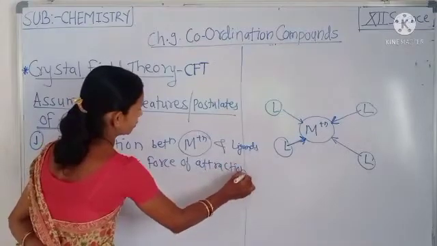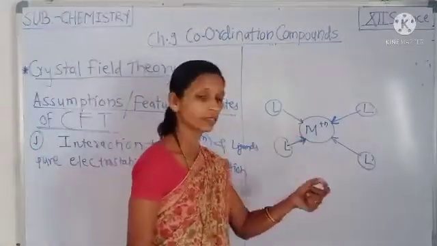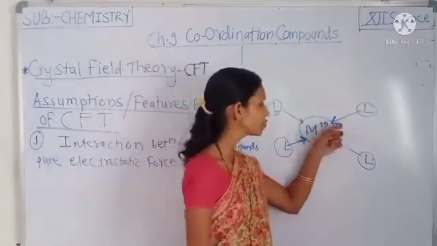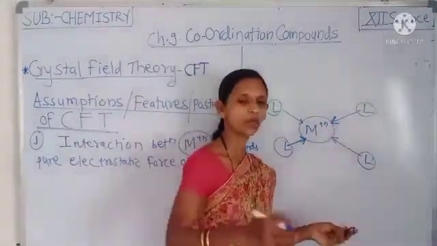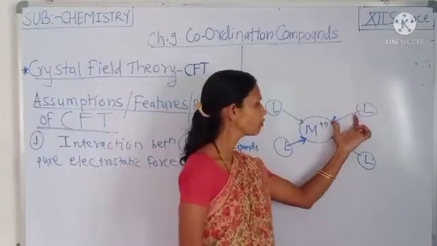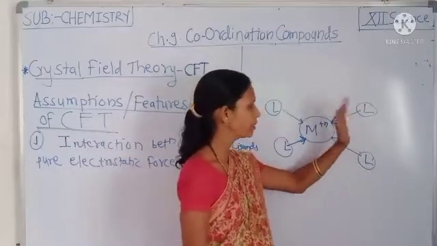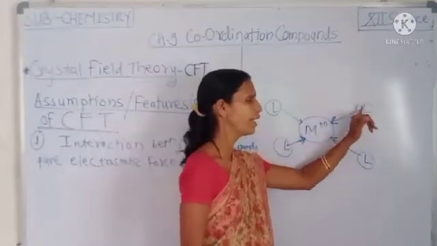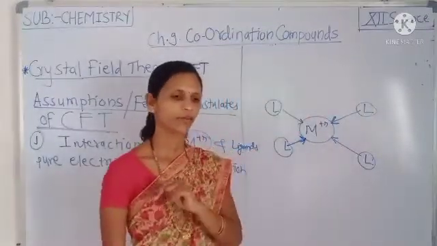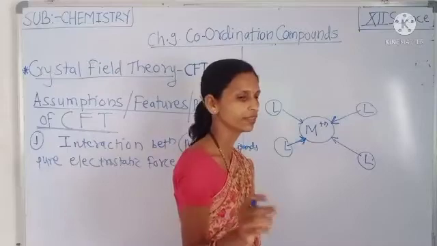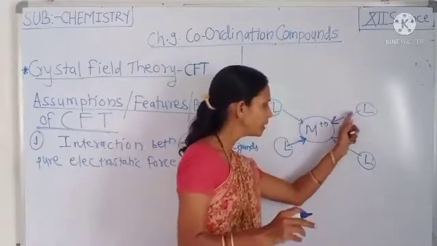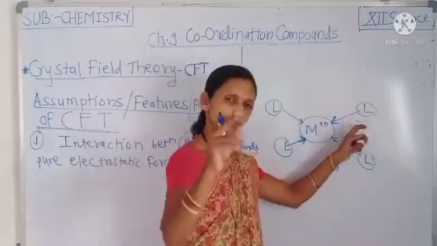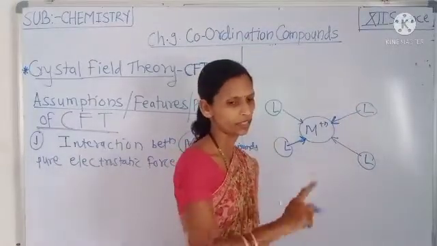That means CFT theory gives the explanation about the formation of an ionic bond between the central metal ion and ligands. It focuses on the fact that the bond between metal ion and ligand is not covalent in nature, but ionic in nature.